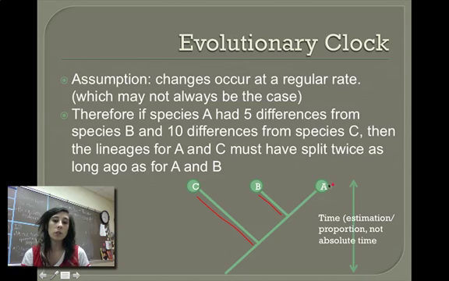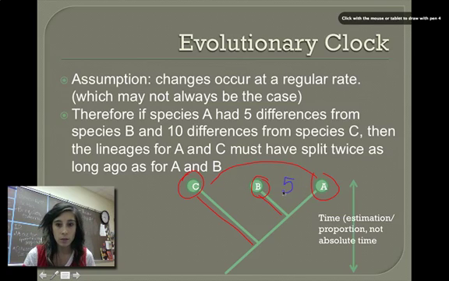So if we look at species A, it may have 5 differences between species B. Okay? And then from A to C, the differences may be 10 base pairs. So right here, we have 5 base pairs. Right here, from A to C, it could be 10 base pairs.